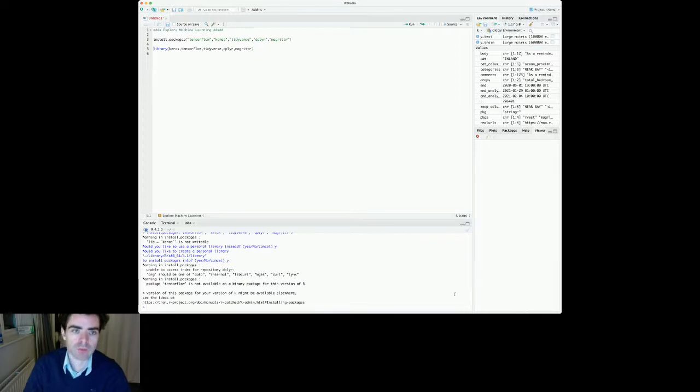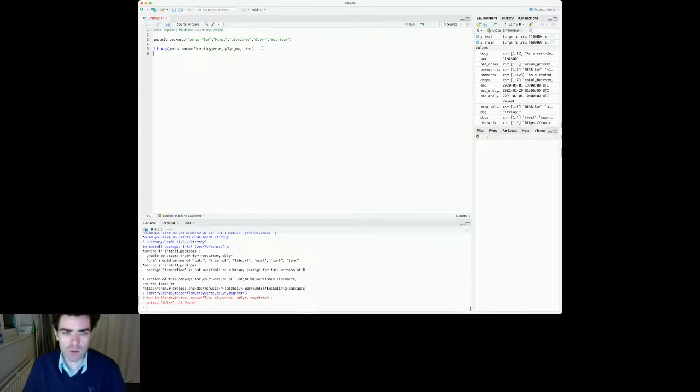Okay. So we're moving swiftly on to, hopefully this will work. I hope this library, okay, it can't be a list, can it? We don't have dplyr. Okay, well, we'll just remove dplyr.